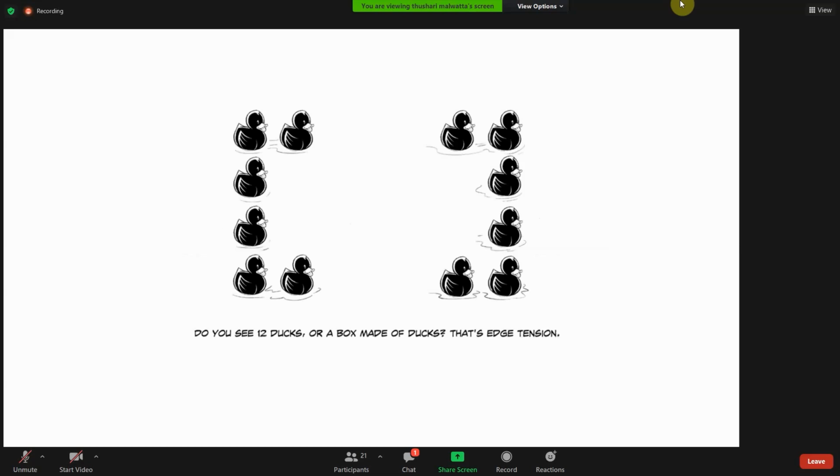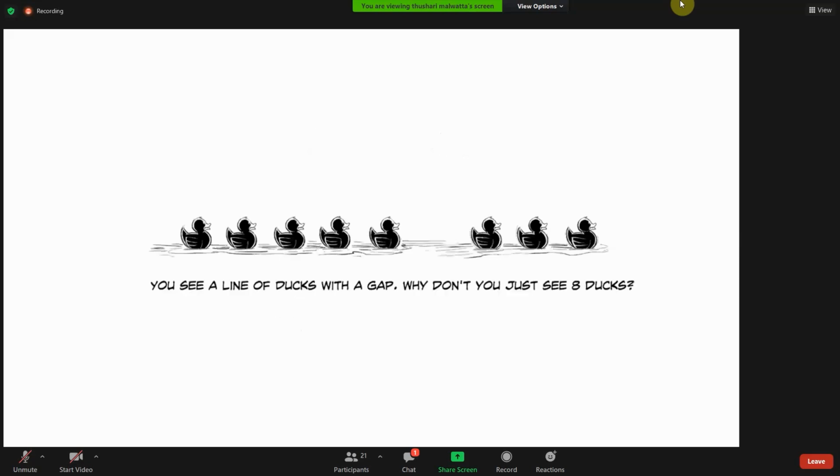This is called edge tension, that you frame something, you see a square, or the edges. The edges define a shape, just the edges. The previous one, this is called line tension.